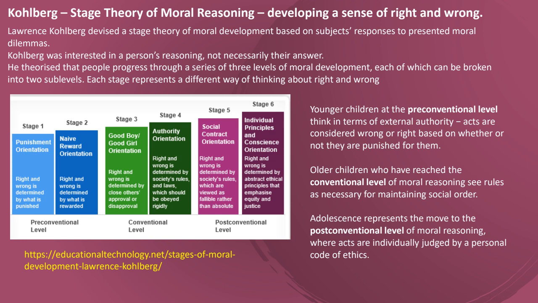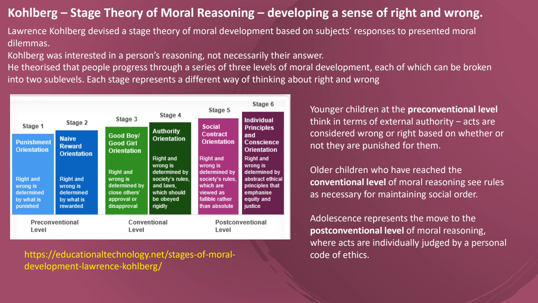The second stage is around what is being rewarded. So children then are stimulated by rewards rather than punishment. Then you have a next stage in your conventional level where right or wrong is determined by other people's approval or disapproval. So he had these phases of moral development that really take place from childhood right through into adulthood.